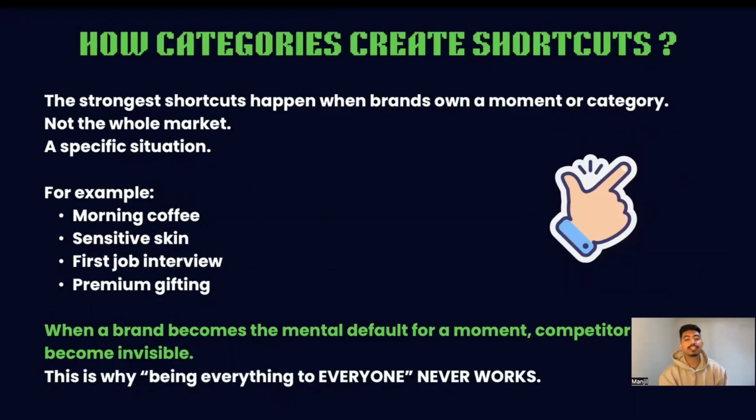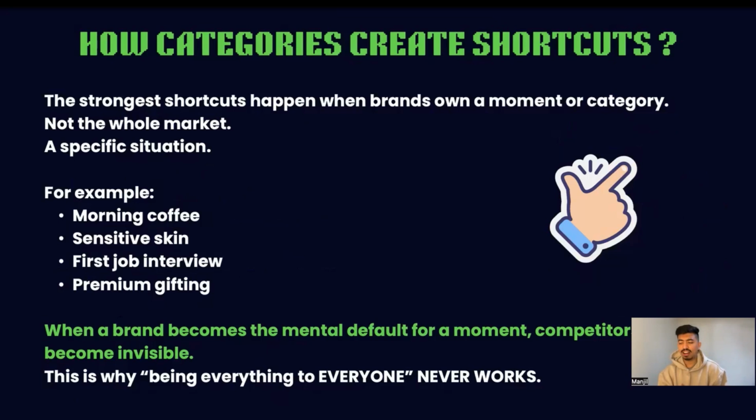How categories create shortcuts. The strongest shortcuts happen when a brand owns a memory or a specific situation, not the whole market. Like I told you about my sensitive tooth, right? Sensodyne. For example, morning coffee, Nescafe.